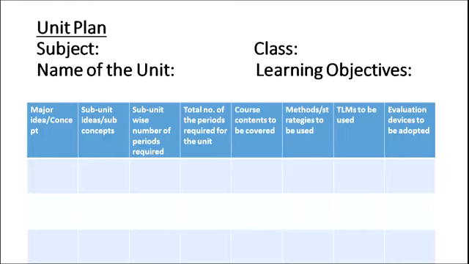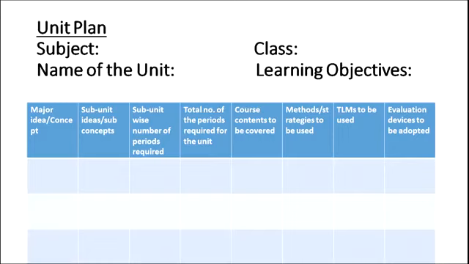So a unit plan would look like this. Say for example, in the subject of science, in class 7, we have a unit on diseases. So in our first column, major idea or concept, we have the unit diseases.